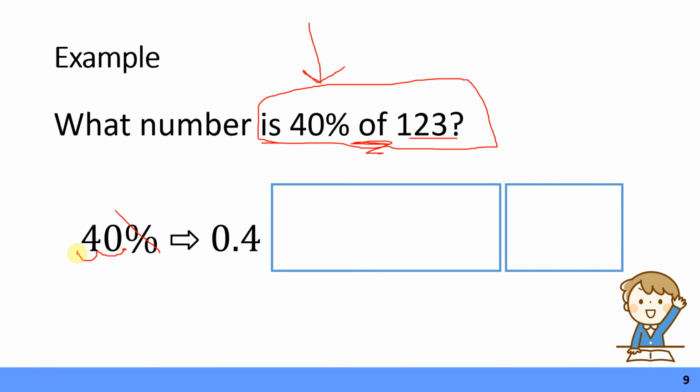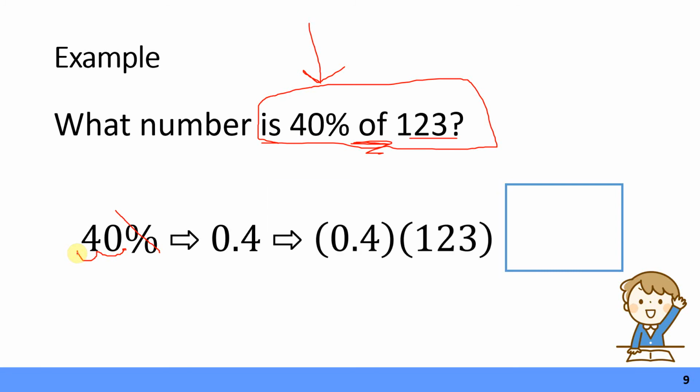And if you don't remember, go back to step number 2. It says, okay, once you have your decimal, you multiply it times your whole number. So 0.4 times the 123. Go ahead and put that in your calculator, 0.4 times 123, press enter, and you get 49.2. Look at that, that's so easy.